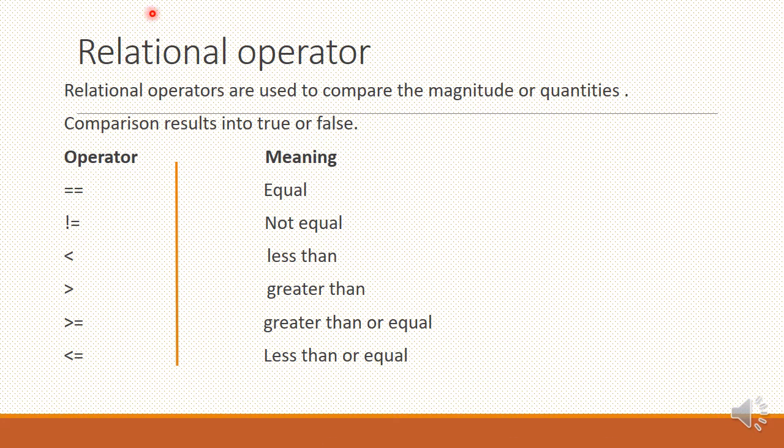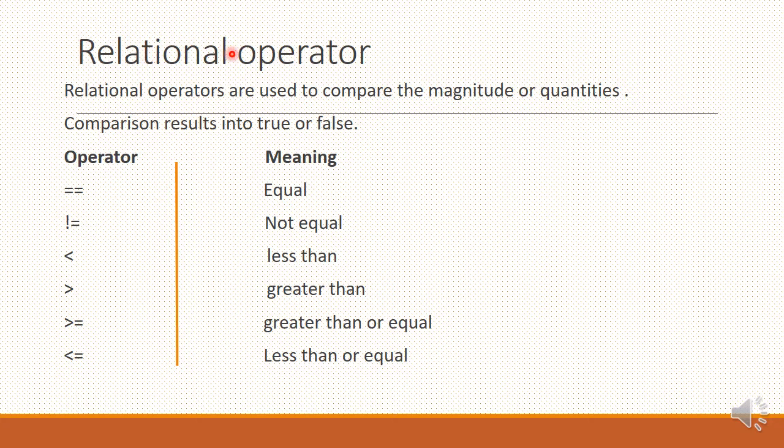Okay, now let us move to the relational operator. So till now what we have studied are the assignment operator and the arithmetic operators. To perform arithmetical operations, we use the arithmetic operator. To assign values to the variables, the identifiers, we use the assignment operator.